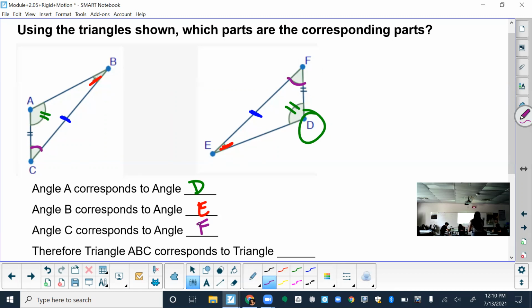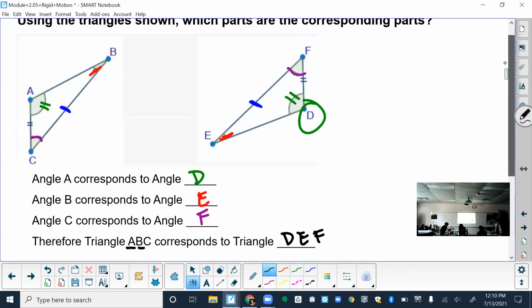And because we have those three equivalent angles, we can say triangle ABC corresponds to triangle DEF. All right, because we go in order. So by saying triangle DEF, we're showing that D corresponds with A, E corresponds with B, and so on. All right, good. Any questions?